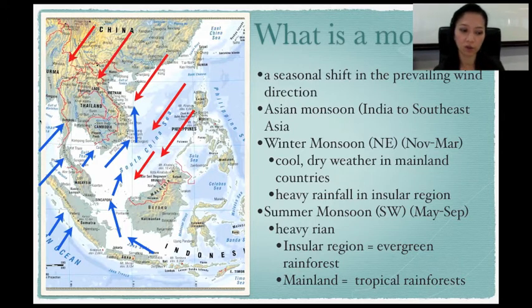There's going to be a lot of tropical rainforest around here, this part, Myanmar, and especially the south of Thailand, and over here, this part as well on the Sumatra Island, and this part as well on the Borneo Island. There's a large area of tropical rainforest. And the insular region or the island region, you receive evergreen rainforest. Okay.